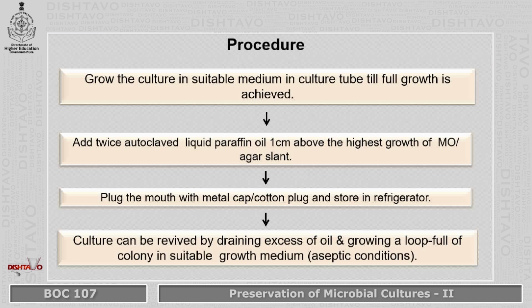After that, you have to plug the mouth with a metal cap and store it in the refrigerator. Culture can be revived by draining excess oil and growing a loopful of colony in suitable growth medium, that is under aseptic condition.